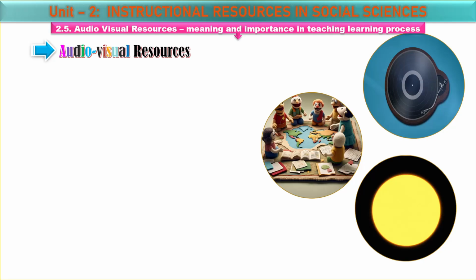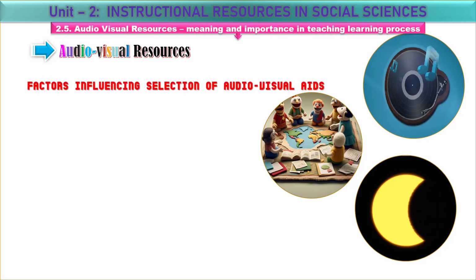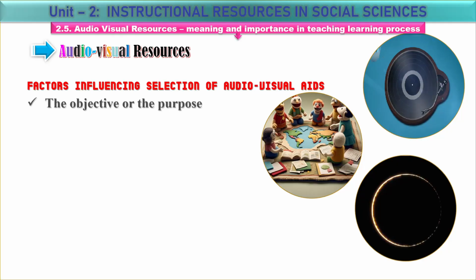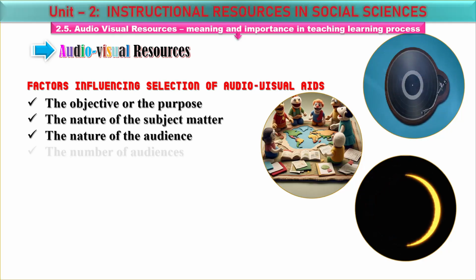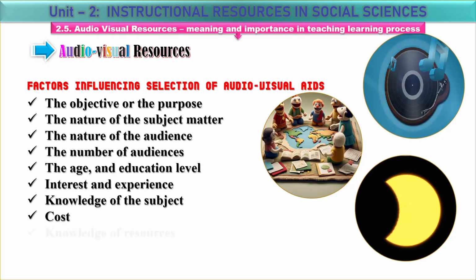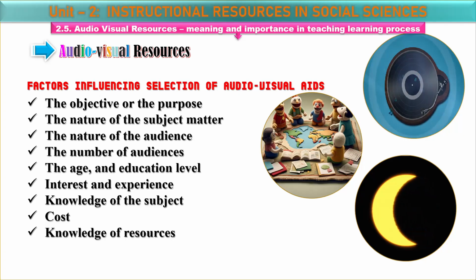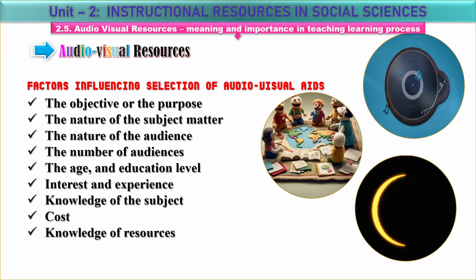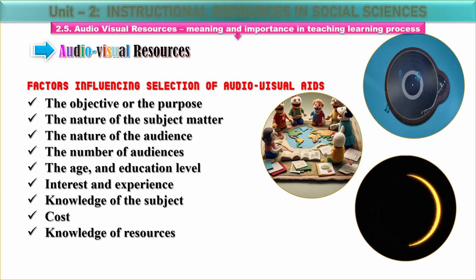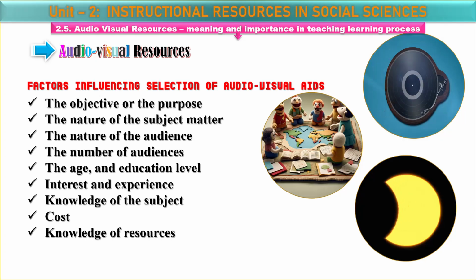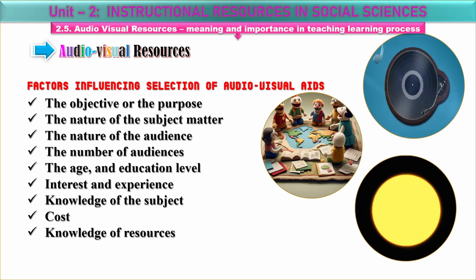So what factors influence selecting the audiovisual resources? The objective or the purpose of the content or the subject, the nature of the subject, whether I'm teaching history or geography or political science or economics, we have to select relevant audiovisual resources. The nature of the audience, what kind of audience we have, what is the status of their learning and understanding, and the number of audience, whether it's a large classroom or a small classroom.